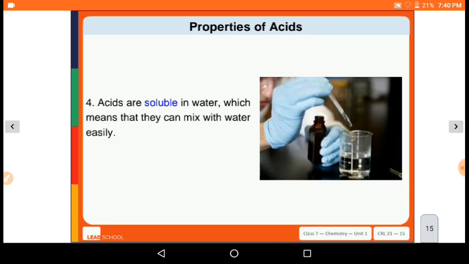Acids are soluble in water, which means they can mix with the water easily.